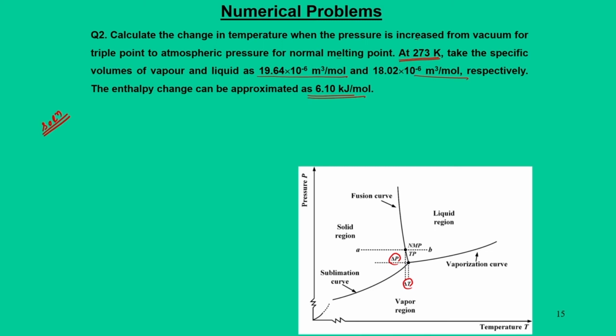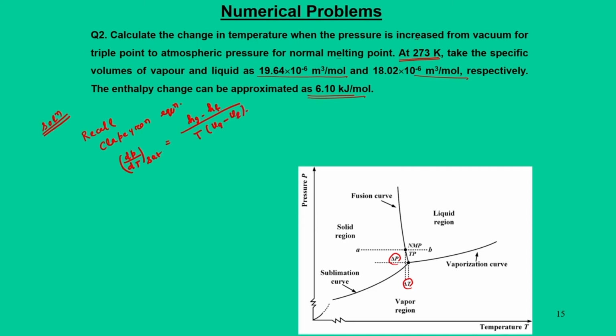So if you recall the Clapeyron equation, it says dP by dT saturated is equal to Hg minus Hf divided by T into Vg minus Vf.